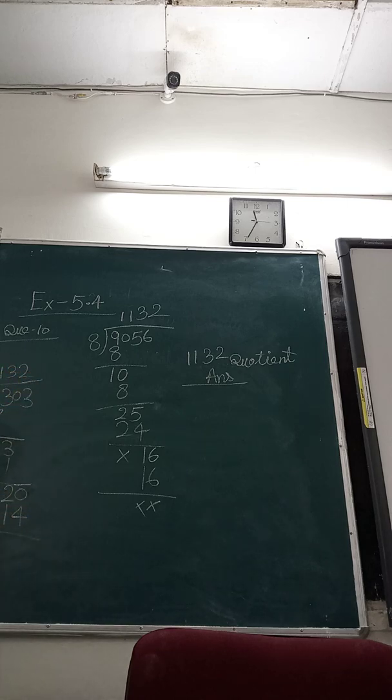And children, here we will borrow from 2. Then 0 will convert into 10. 10 minus 4 is equal to 6. And 3 will come down, so here will be 63.